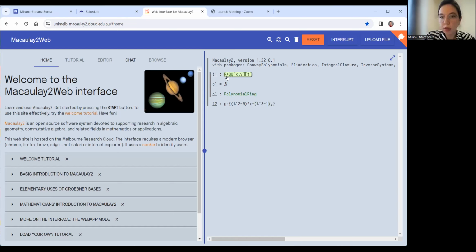And the second equation we want to consider is d of t, which was t cubed minus 7, times y, minus c of t, which was t to the fourth minus 3.